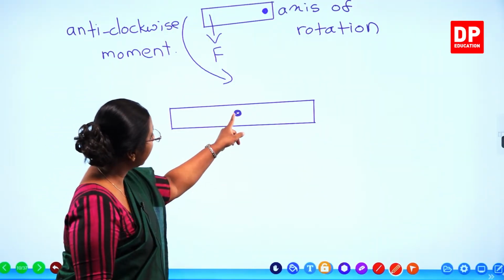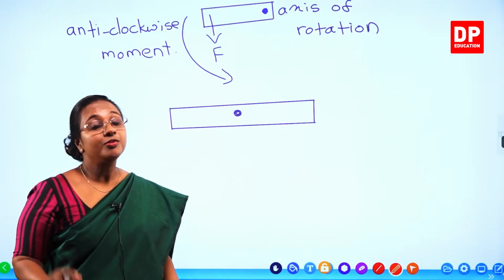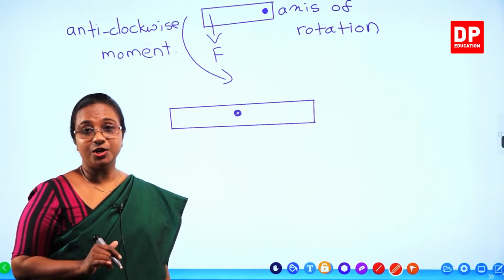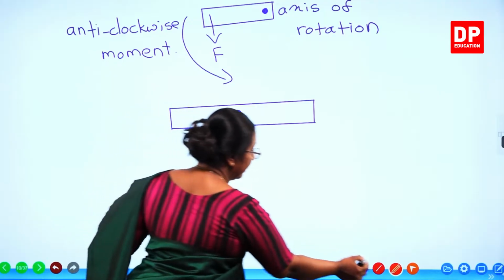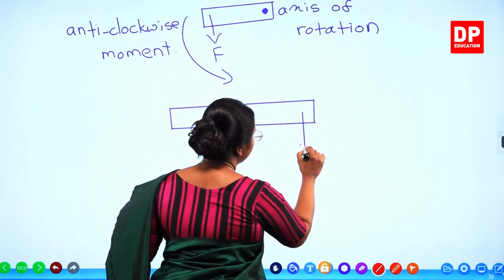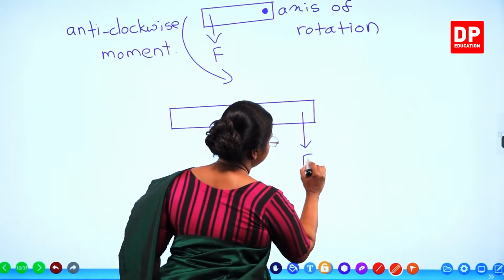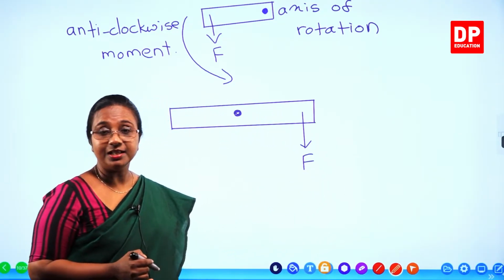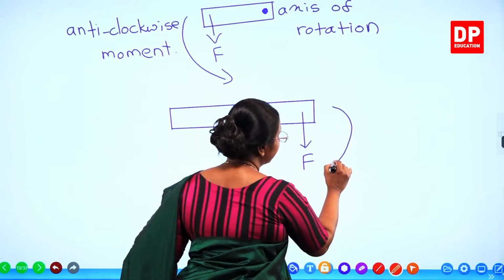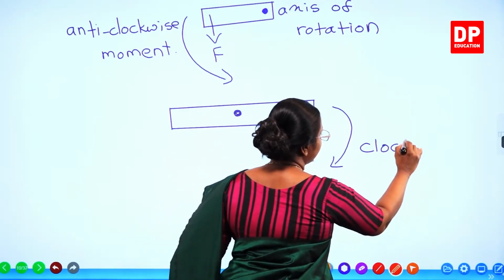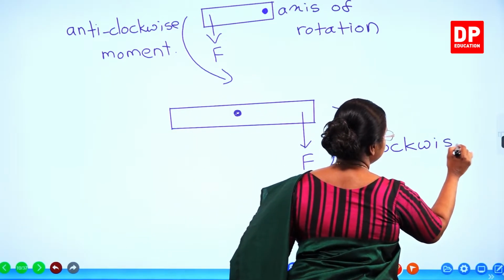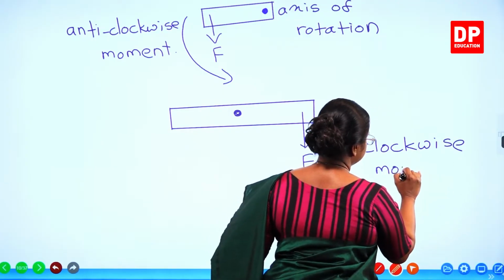But now if we have it in the middle, you have seen this in your day-to-day activity also. If we apply a force in this direction, let's say force F, how will that rotate? It will rotate in the clockwise direction. So clockwise moment.